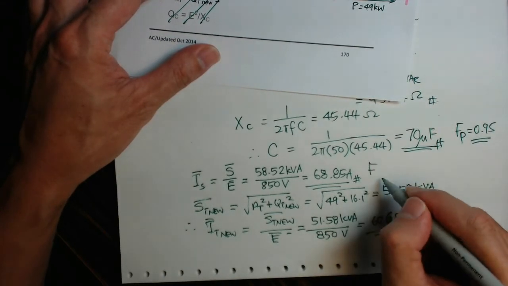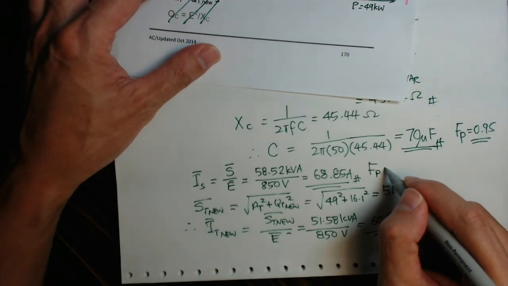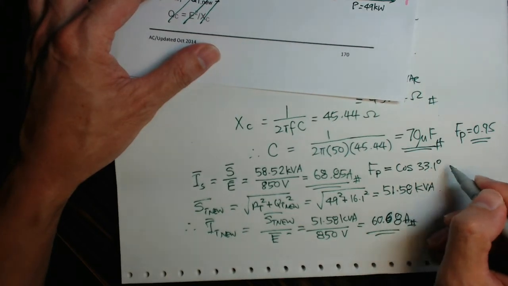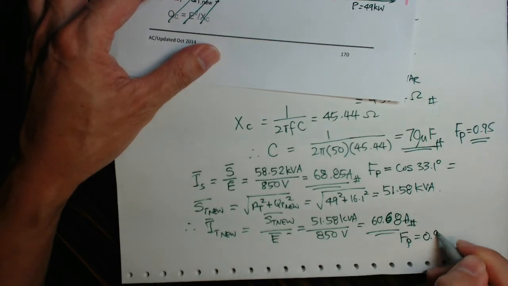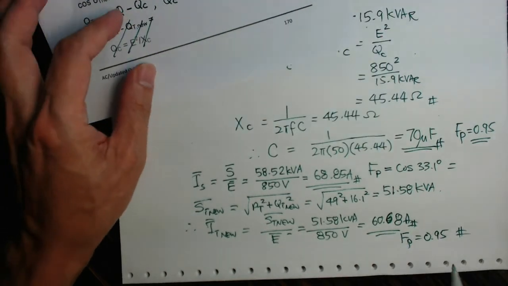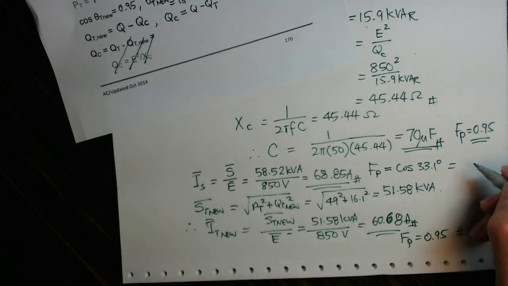So the original power factor was cosine 33.1 degrees, which is 0.837, whereas the new power factor is 0.95. So this is the current drop when our power factor is improved.